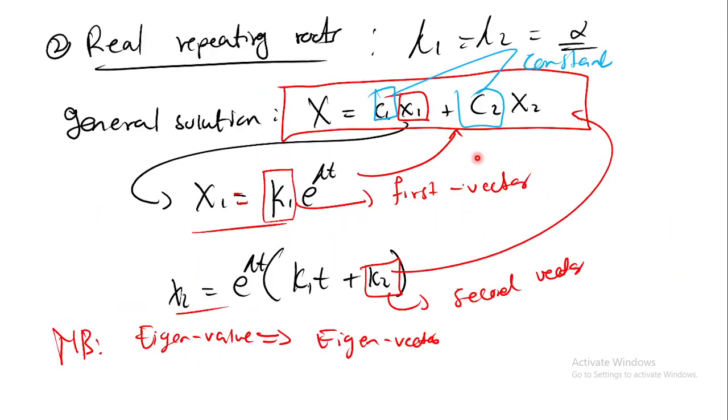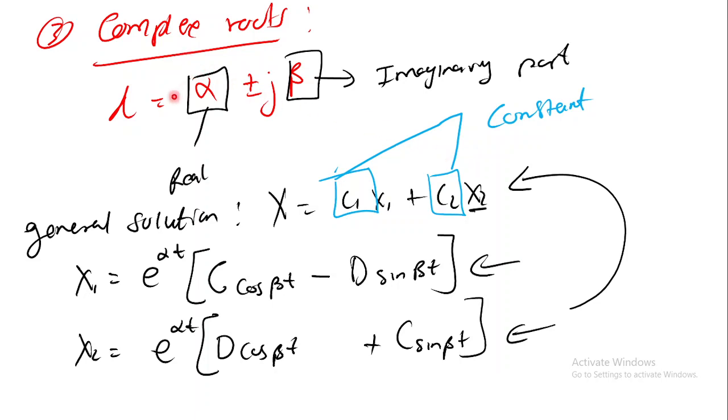For real repeating roots, the general solution is x equals c1 x1 plus c2 x2, where x1 is given by this and x2 by this, and you substitute back. For complex roots, which have the real part and the imaginary part, the general solution is x equals c1 x1 plus c2 x2, where x1 and x2 are given by these, and you substitute back into the original equation.